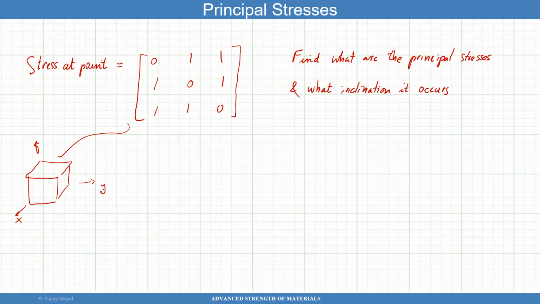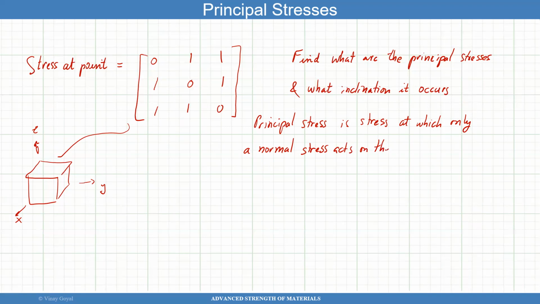I want to know, if I were to rotate that cube or draw a slanted surface, at which slanted surface you have a stress that's only normal to that slanted surface. So a principal stress is a stress at which only a normal stress acts on the slanted surface.